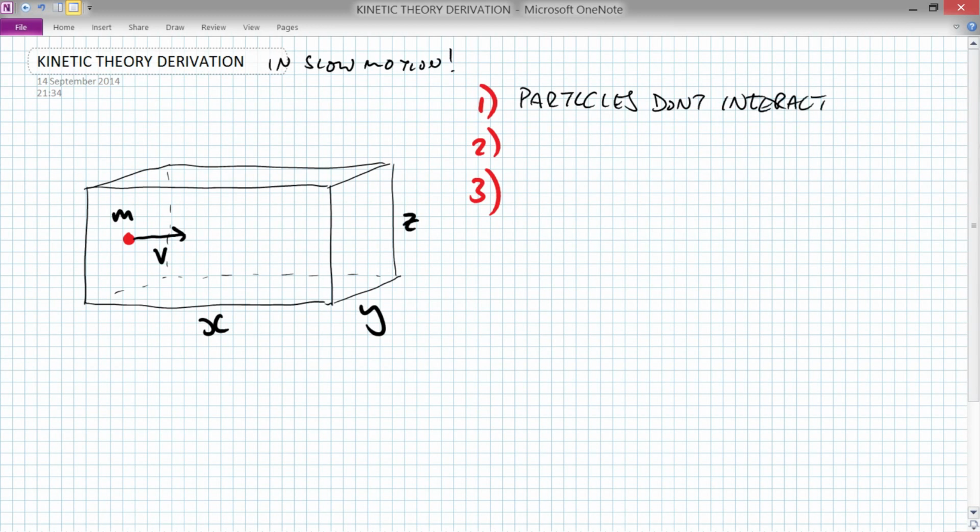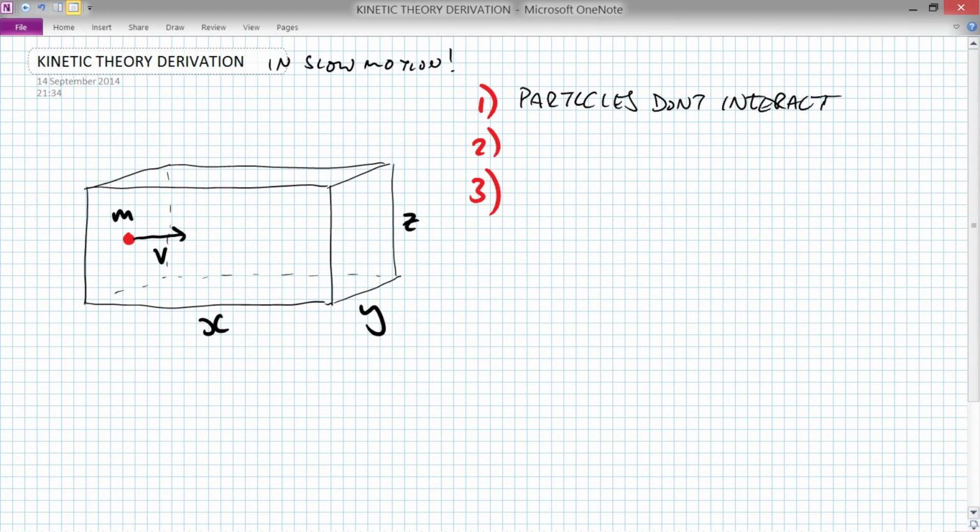And we can say that they don't interact because, for one, they're so small compared to the volume that they take up in this box. And for two, we're going to assume they have no charge. They're atoms and molecules, neutral charge. So even if they do get close, the only way that they can interact is through van der Waals, which is really short range, really weak. So that's the first assumption we're going to make.